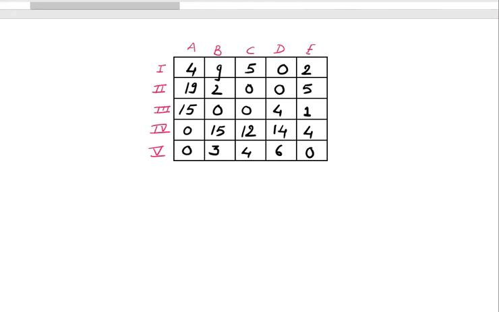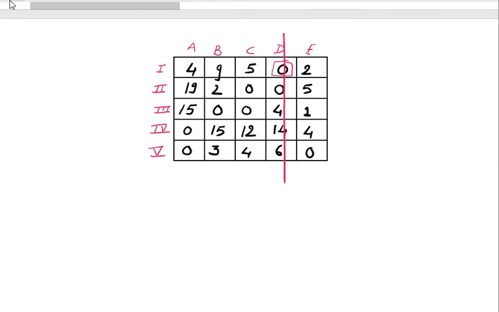Look at the rows containing a single zero. The first row contains a single zero, so we make an assignment here and draw a vertical line because we have made an assignment in a row.